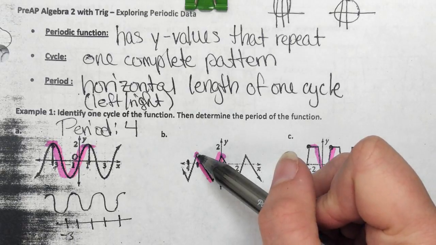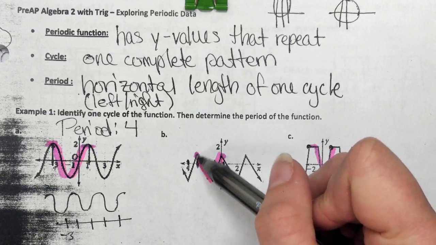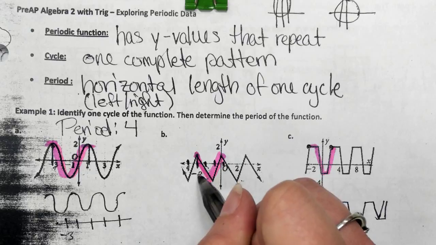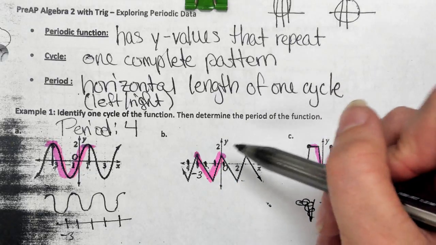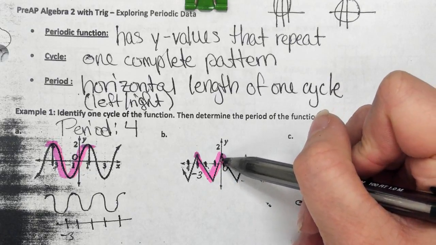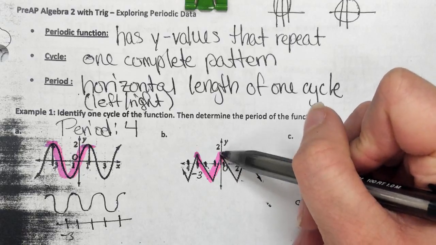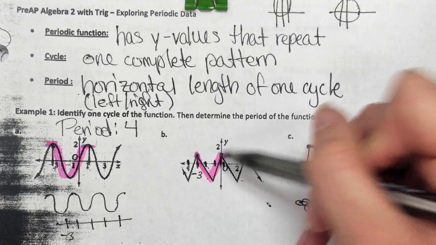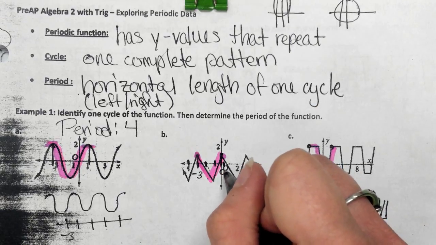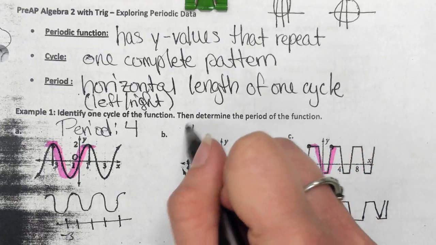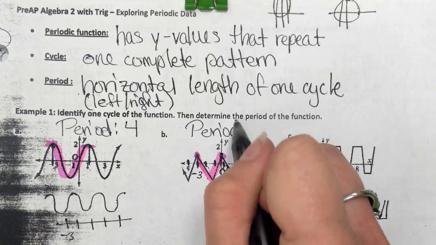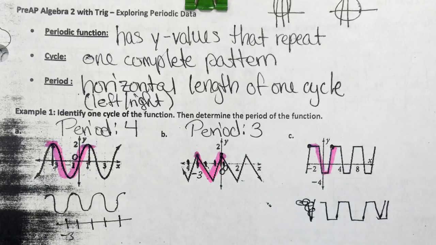That first point that we started at, draw it back down. What's that x value? -3. And find where we ended. We ended right here. Draw that back down. That's on the y-axis, which means my x value is 0. What's the distance between negative 3 and 0? 3. So in other words, it took it 3 spaces to complete a whole cycle, okay?